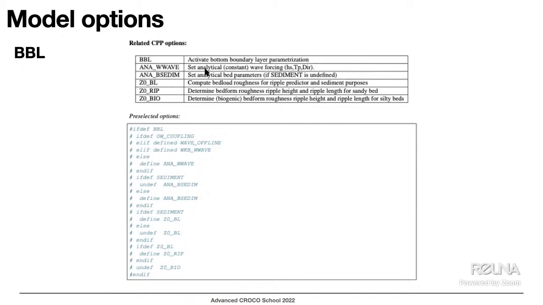Those waves will be used all along the simulation. If you have wave forcing, or if you're running a coupled model with waves, you will use the wave data from the other model. If you are coupled, or if you have forcing, or if you have the built-in wave model inside CROCO, you don't define any wave. And for the other options, you don't have to change them.